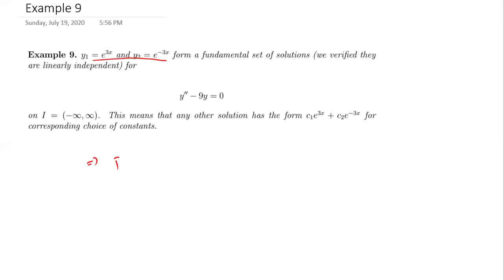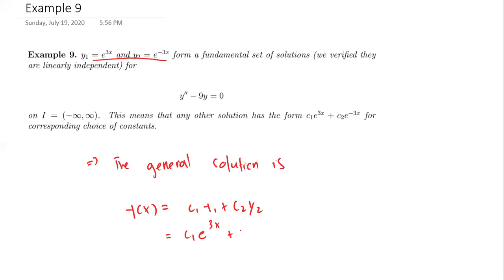Well, the general solution for this ODE is any function that looks like this: an arbitrary constant times y1 plus an arbitrary constant times y2, which in our case is c1 e to the 3x plus c2 e to the negative 3x. And this is the general solution for all real numbers, on I equals negative infinity to infinity, for this differential equation. Again, notice that it's second order homogeneous, so this is by definition what we're looking for.